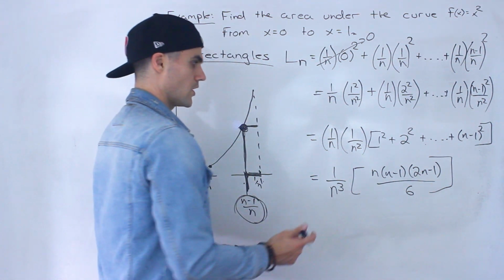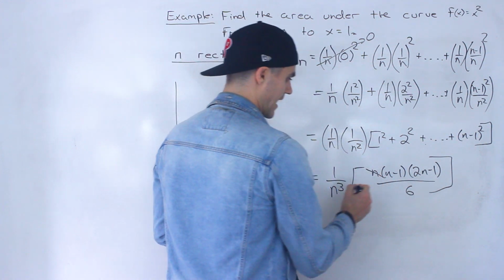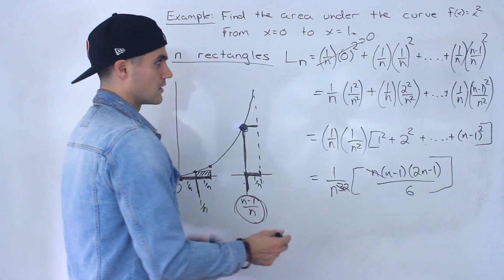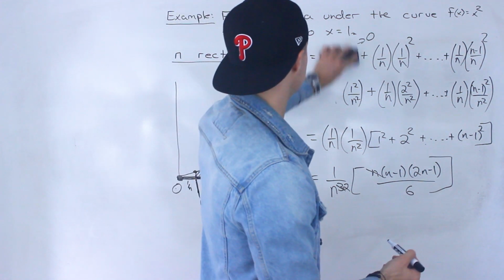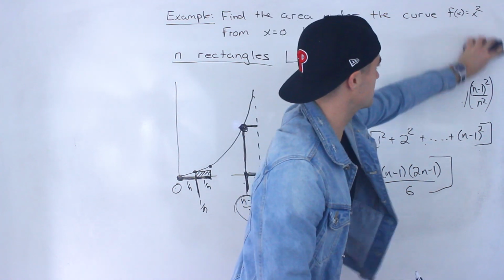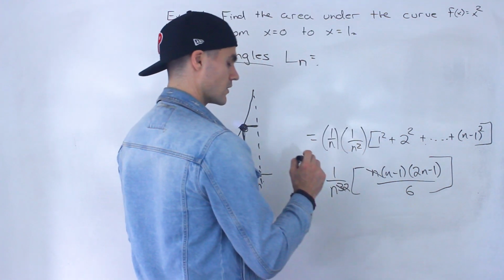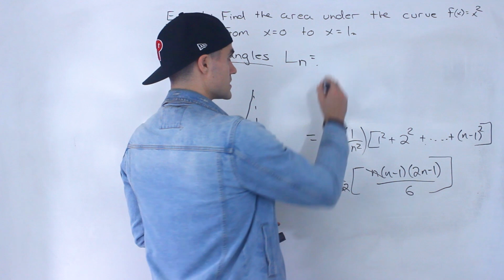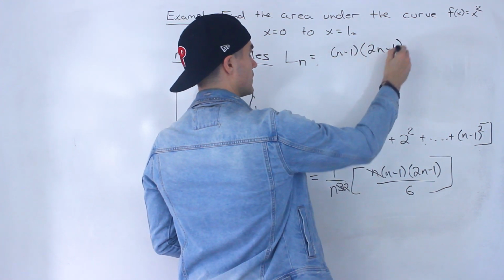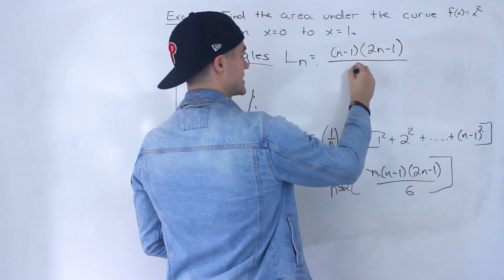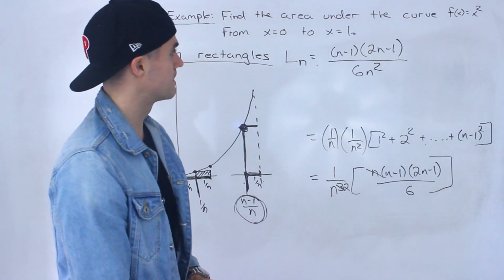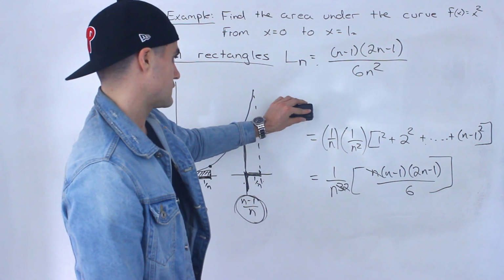Okay, so now notice this n and one of these n's cancel out. So what's the final expression going to be for Ln? Well, the final expression now is going to be n minus 1 times 2n minus 1 all over 6n squared, like that. Right, so that's the final expression.